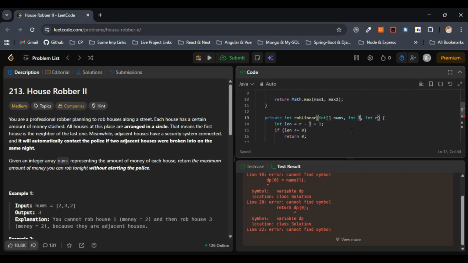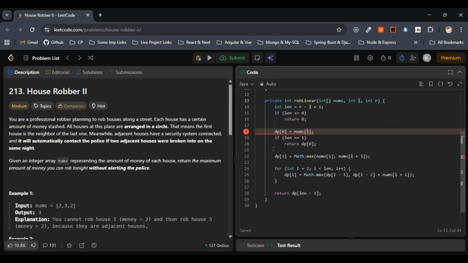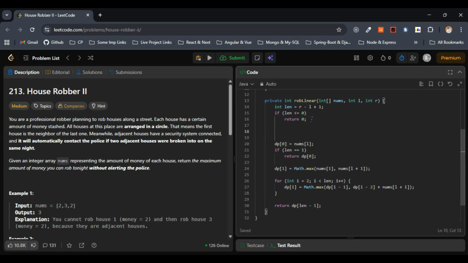Cannot find the symbol dp. One second. If I have not initialized the dp array here... when length is less than or equal to 0, I have returned 0. This is fine. Oh, here I have forgotten to initialize the DP.